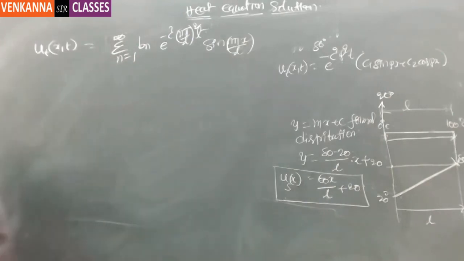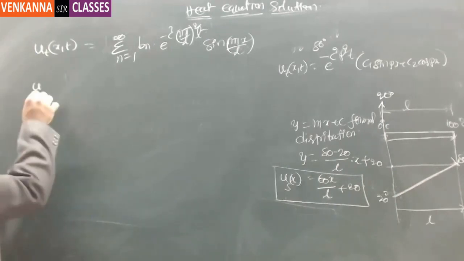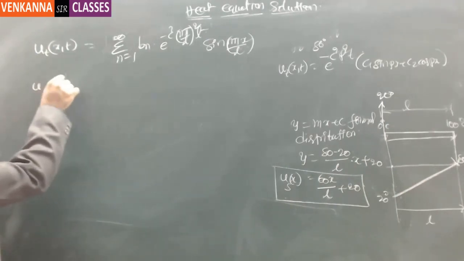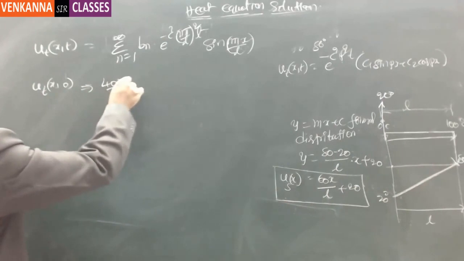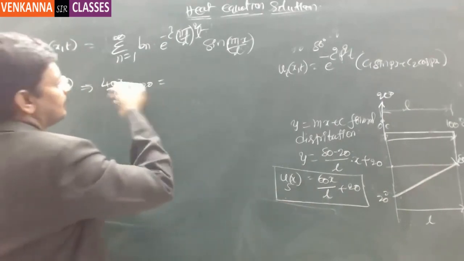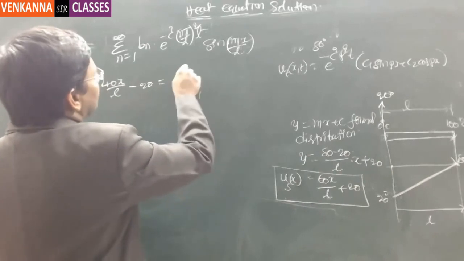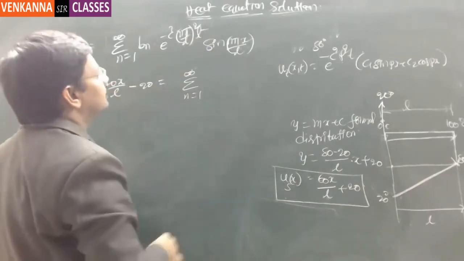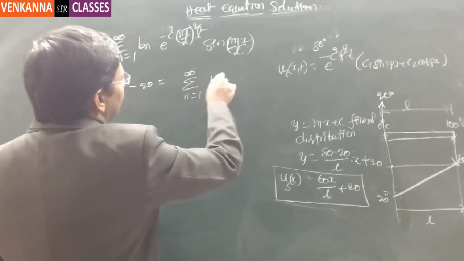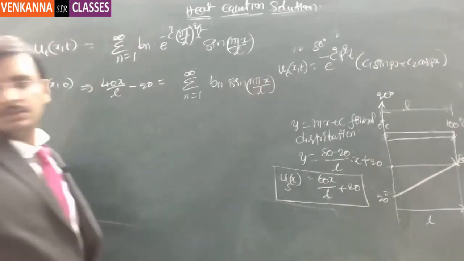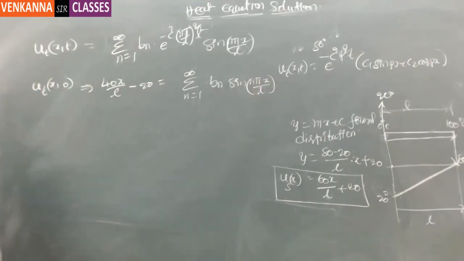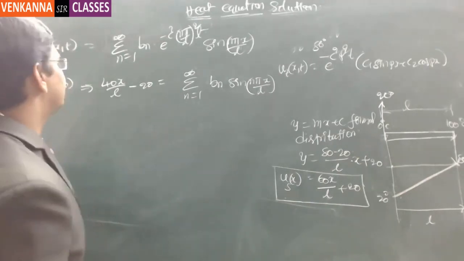Now, if we substitute the condition u_t of x comma 0, it is going to be 40x by L minus 20, equal to sigma n equal to 1 to infinity, the exponential factor is going to be 1 because t equal to 0, and then b_n times sin n pi x by L. Anyway, I think you asked me to explain after erasing, so I am going to come back to it.